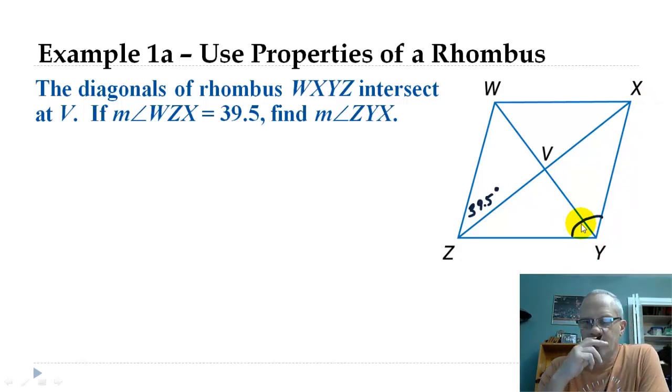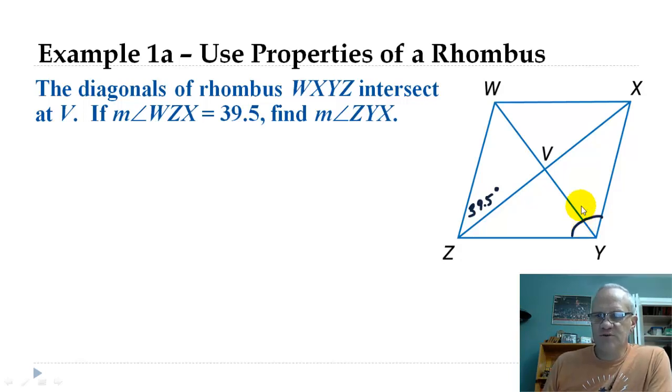How can we do that? There's probably a few ways you could approach this. As I've said before in math, there's usually not only one correct way to do it. There's many ways, but here's maybe the easiest way that I think of. If this is 39.5 here, remember this is a rhombus, and so this diagonal bisected this angle, so that means this is also 39.5 degrees.